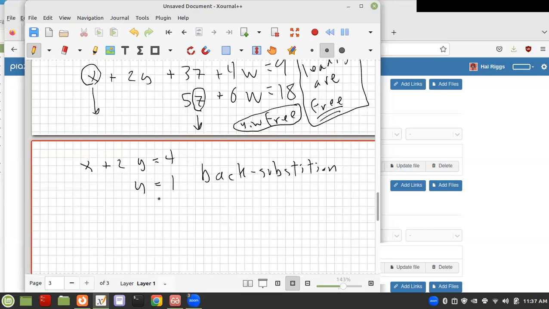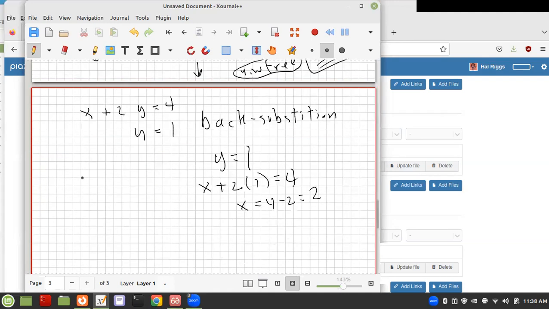Here we see Y is equal to 1. Then we can use that to substitute for the leading variable in the previous equation and have X plus 2 times 1 equals 4. Then X equals 4 minus 2 equals 2. And you've solved the system. You found that this system only has the solution 2, 1.